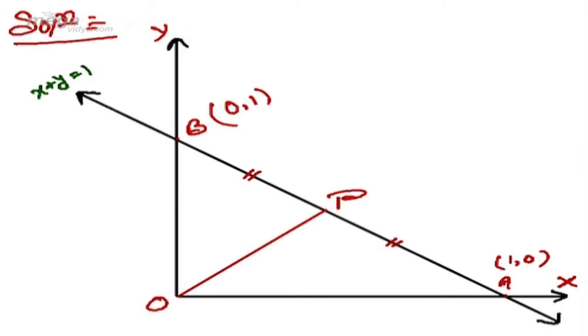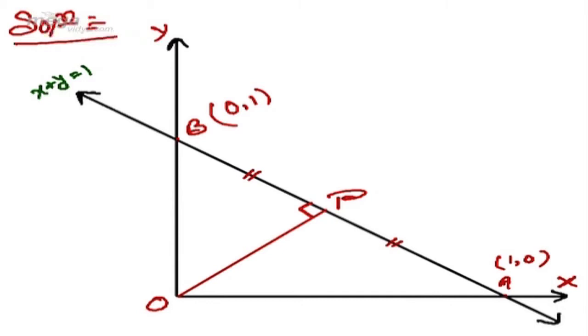Because this is a right angle triangle with equal base and perpendicular, OP is also perpendicular to the line segment AB.